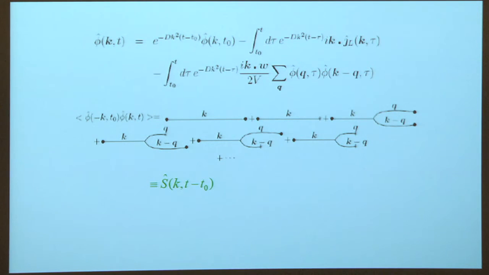The simplest diagrams are this one, and then the fluctuating current gives you this. The first iteration, if you insert the first two terms, gives you this one, where you insert this for both of the branches. Then there are terms with one branch going to a phi and one to a fluctuating current. And finally there is one which contains a product of two fluctuating currents.